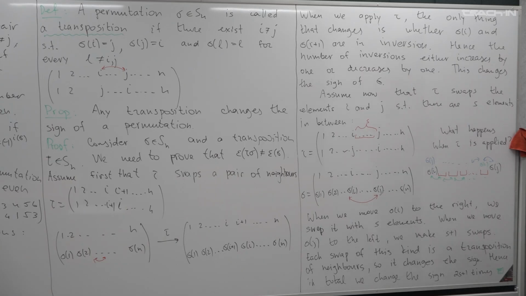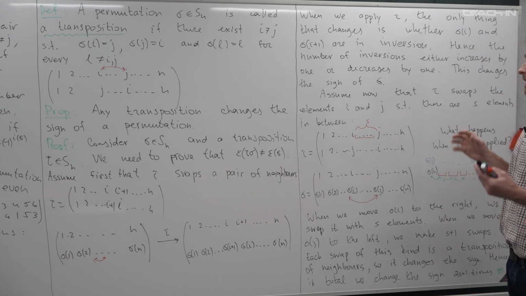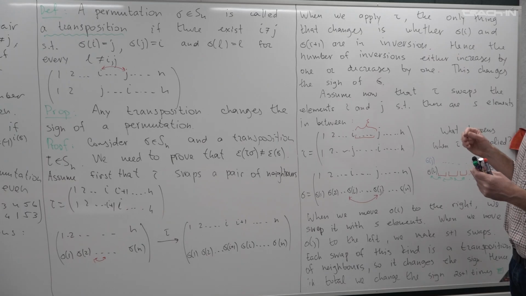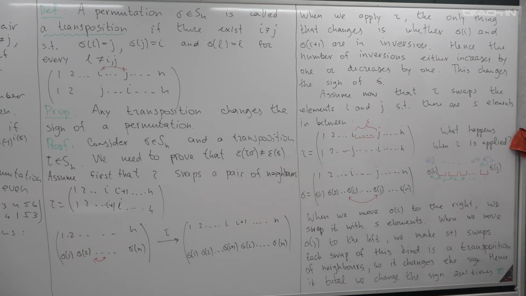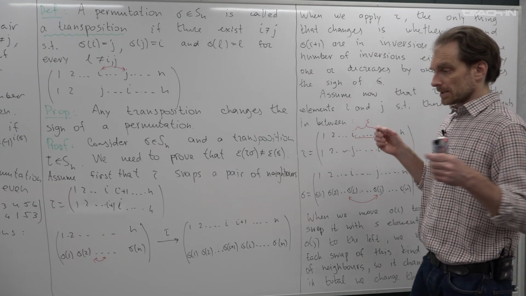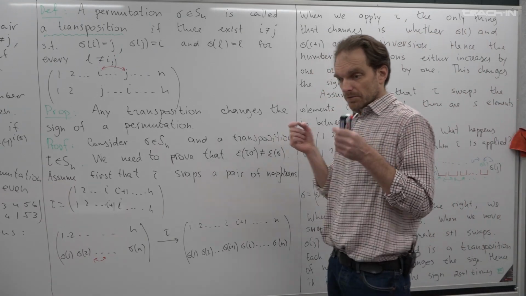Okay. So once again, the logic is that when we swap a pair of neighbors, we obviously change the sign of a permutation, and so any transposition of not neighboring elements can be expressed as a sequence of permutations of neighboring elements.